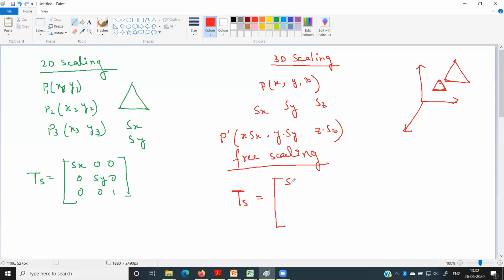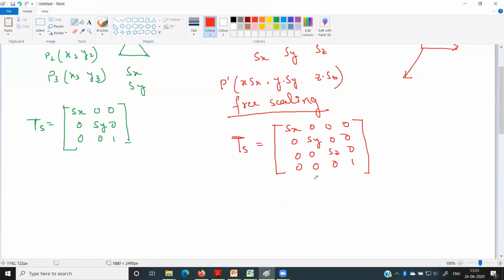So it will be sx 0 0 0, 0 sy 0 0, 0 0 sz 0, and 0 0 0 1. This is the free scaling matrix for 3D.